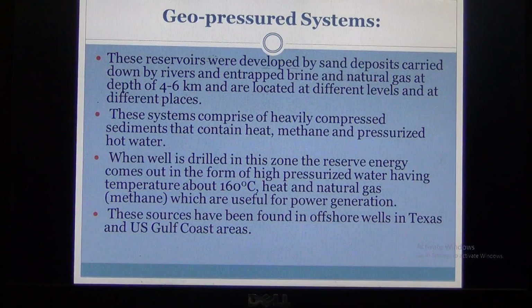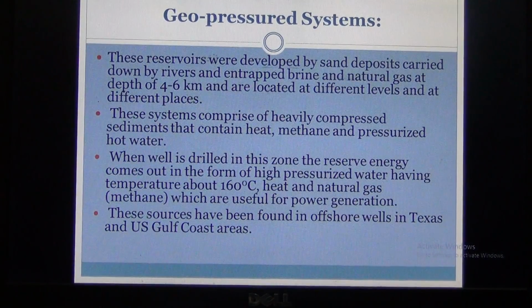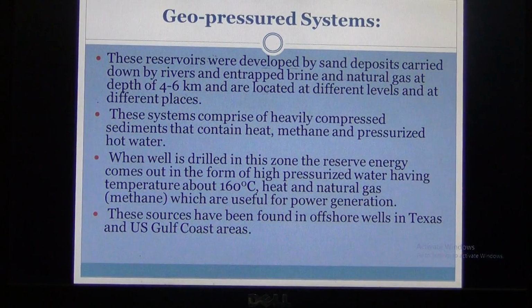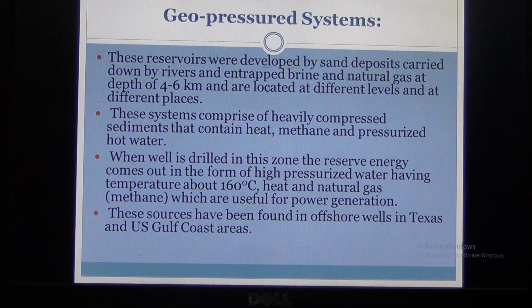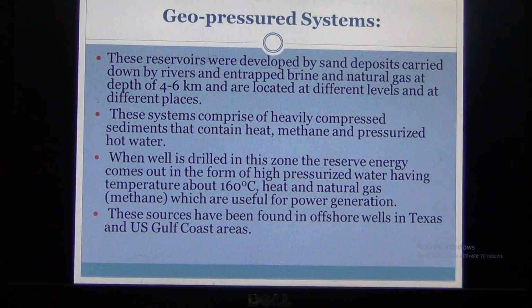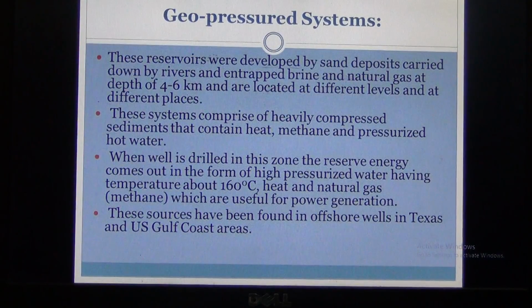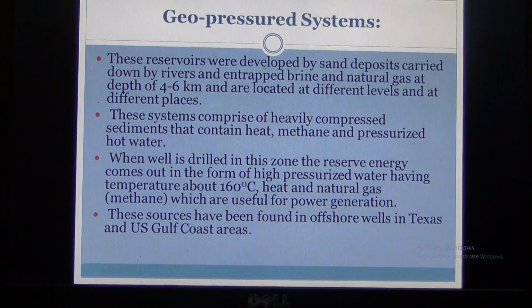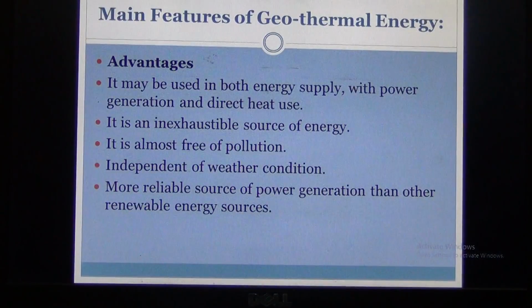When a well is drilled in this zone, the reserve energy comes out in the form of high pressurized water having a temperature of about 160 degrees Celsius. Heat and natural gas methane are useful for power generation. These sources have been found in offshore wells in Texas and the US Gulf Coast areas.